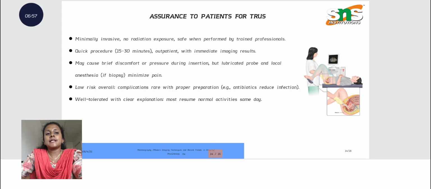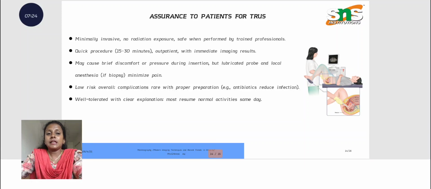Before starting the procedure, we have to assure the patient that this is a minimally invasive procedure with no radiation exposure. It is safely performed by a professional, it is quick, and the patient gets immediate imaging results.